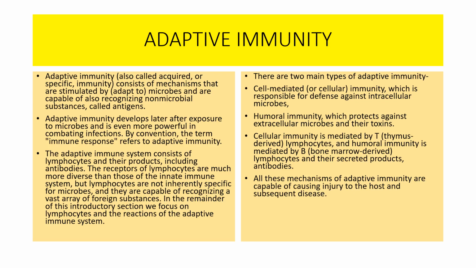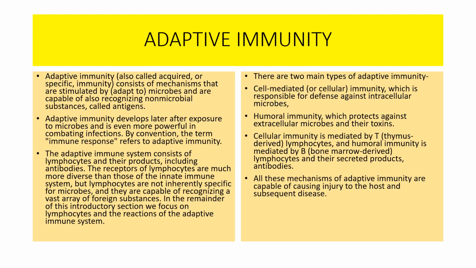The adaptive immunity consists of lymphocytes and their products, including the antibodies. The receptors of lymphocytes are much more diverse than those of the innate immune system, and lymphocytes are not inherently specific for microbes, and they are capable of recognizing a vast array of foreign substances.